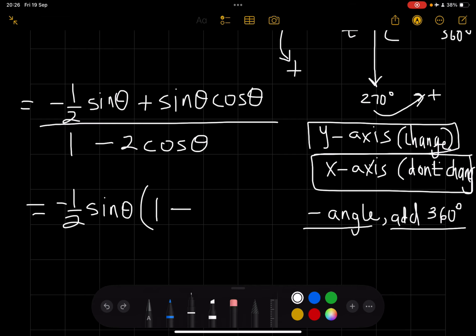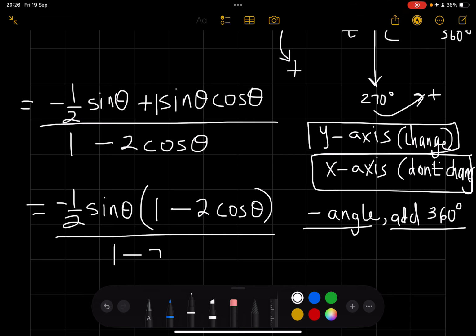Now because we have 1, we're going to say 1 divided by half, that gives us 2, so that when we multiply, we will still get the positive 1 there. In terms of numbers, you just divide them. Good. And then we're left with cos theta, because sine is out, all over 1 minus 2 cos theta.